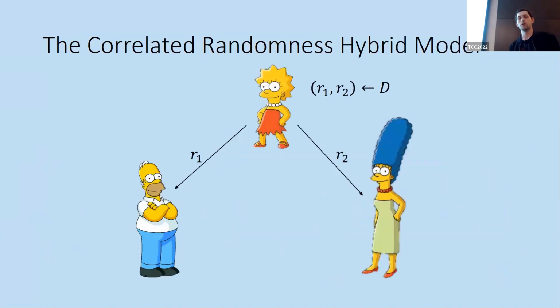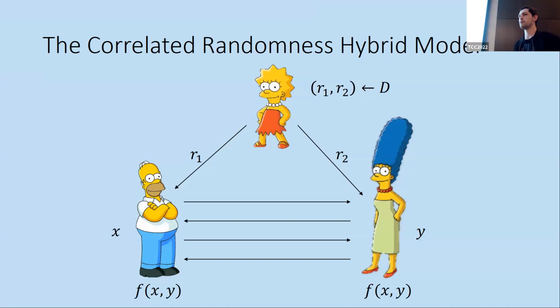So we consider an augmentation of the real world where the parties have access to correlated randomness. Before the parties receive their inputs, they receive correlated randomness R1 and R2 that are correlated in some way, completely independent of their inputs, but may depend on the function. After they receive the randomness, the parties receive their inputs, then they interact in some way and obtain an output.